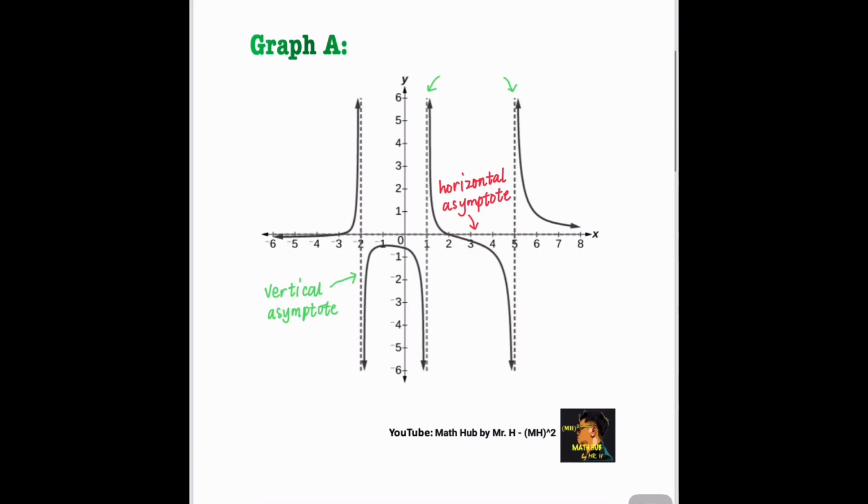I'm showing you graph A. So in this graph, you can see vertical asymptotes, literally vertical lines, right? Each vertical asymptote has its own equation. You can think of it as the equation of a vertical line, which is x equals something.